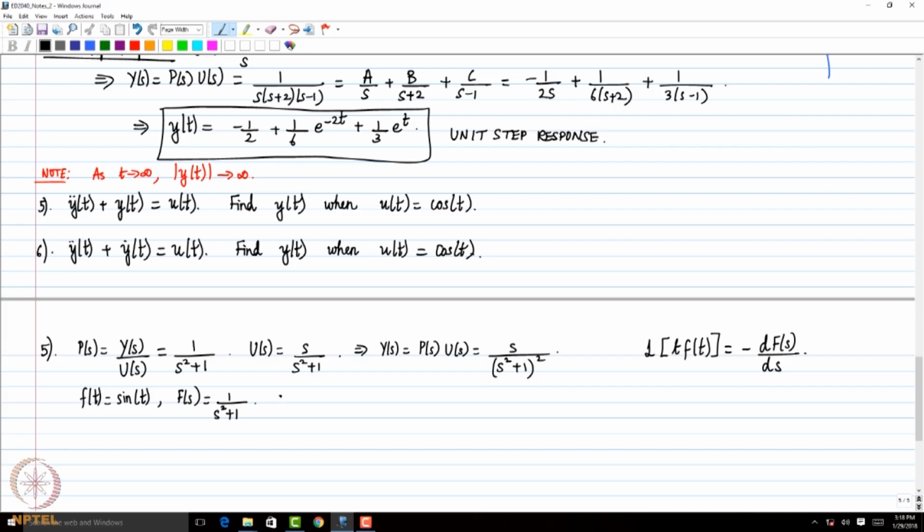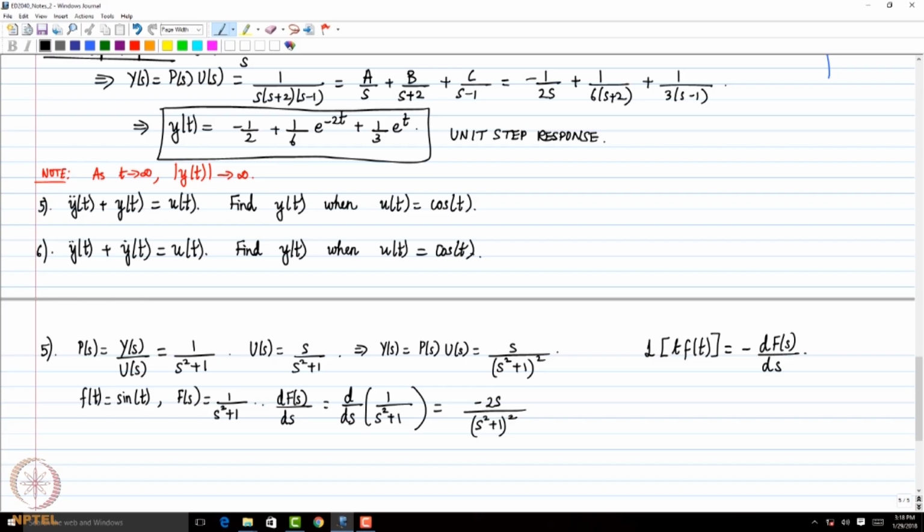Now the first derivative of this function with respect to s is d/ds of 1 divided by s squared plus 1. So what is this going to be? I am going to get minus 2s divided by s squared plus 1 whole square. Do you agree?